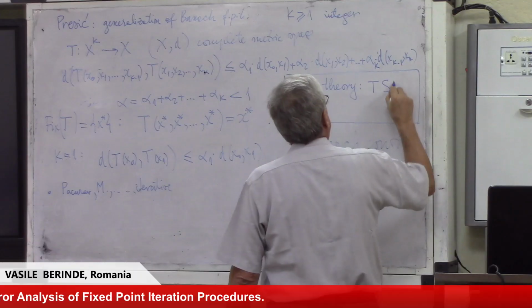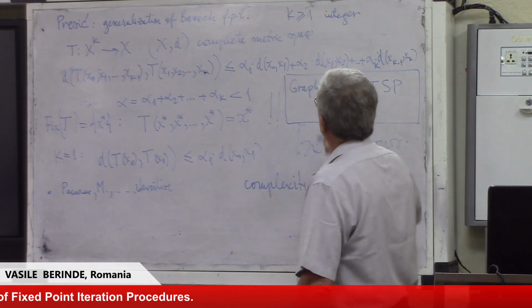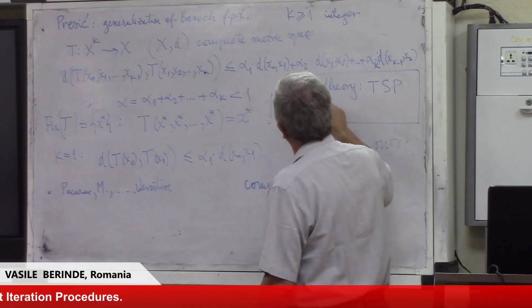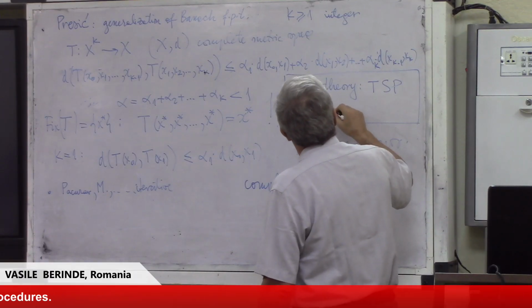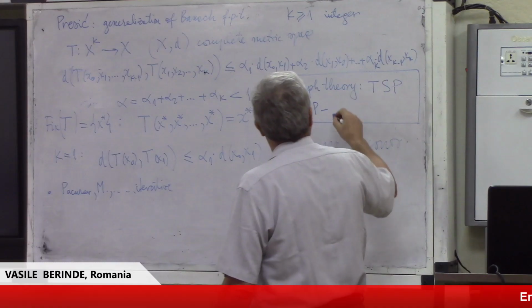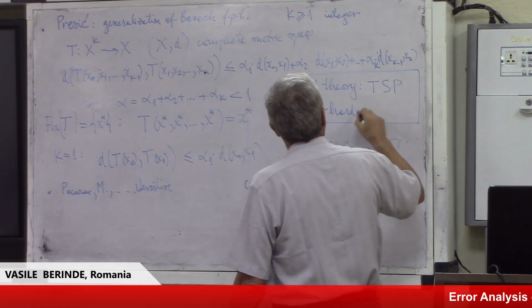The traveling salesman problem, for example, is known to be a non-polynomial hard problem.